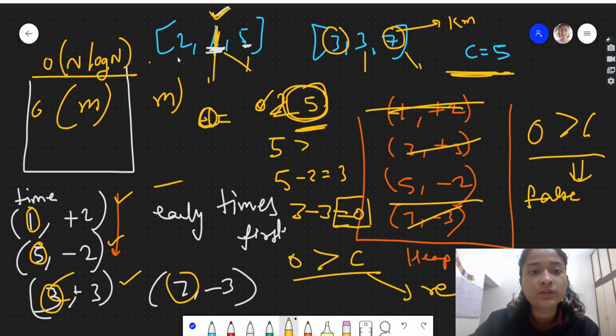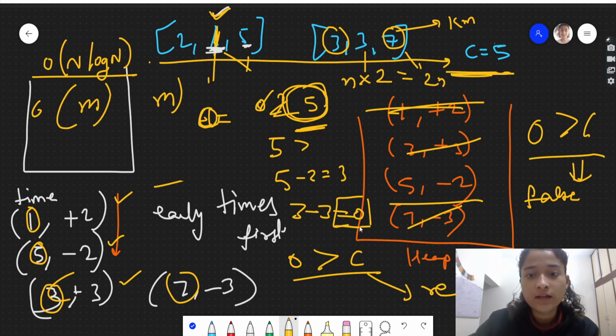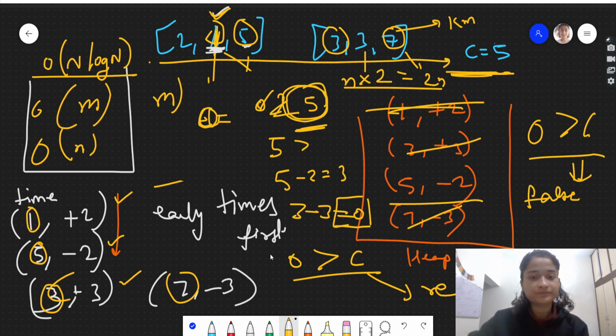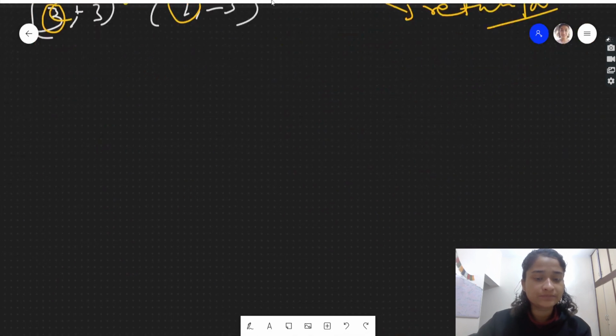If there are n trips, then n into 2, 2n will be the total values which will go in the heap, total pairs. Why am I multiplying with 2? Because for this also it will go, and for this also. So obviously it's O of n, you can visualize it like that. So this was the heap approach, and time complexity is n log n, because we are using heap.